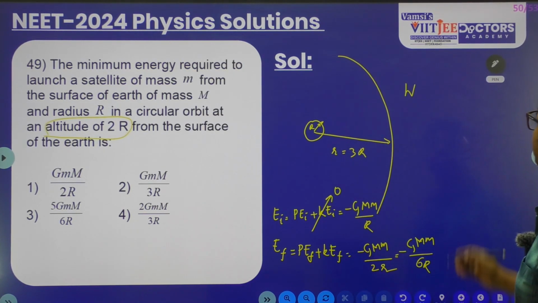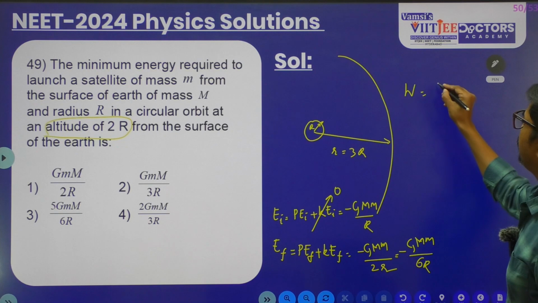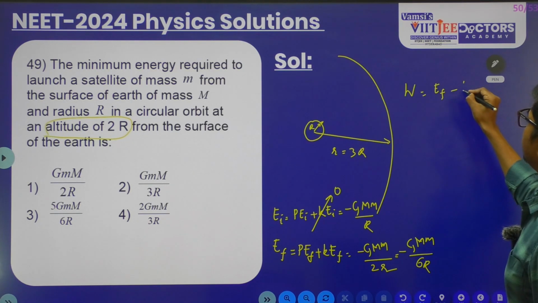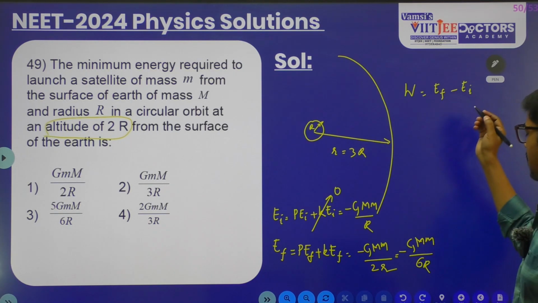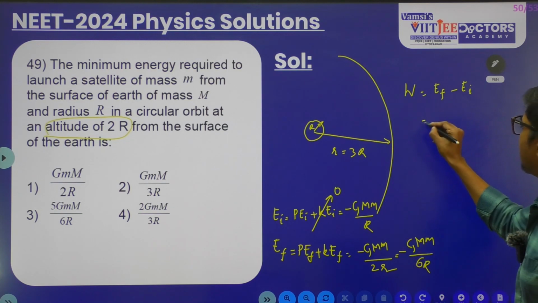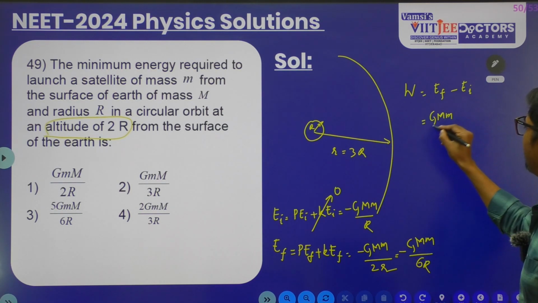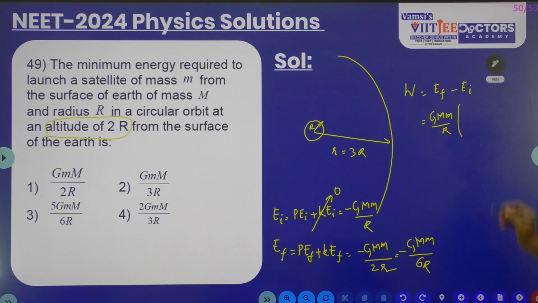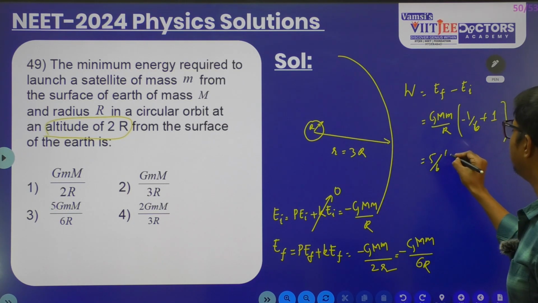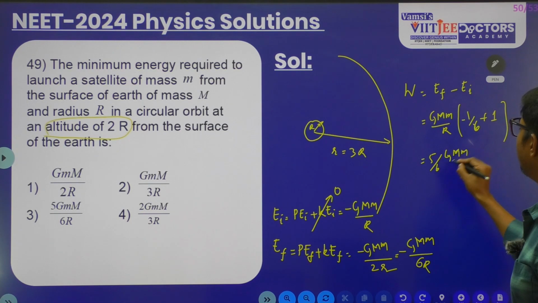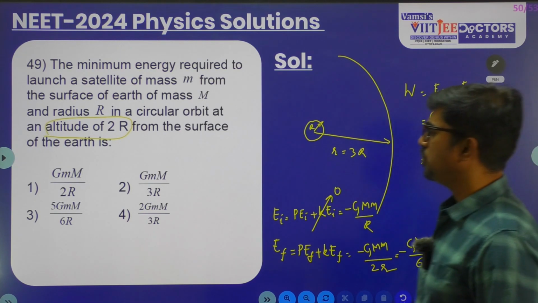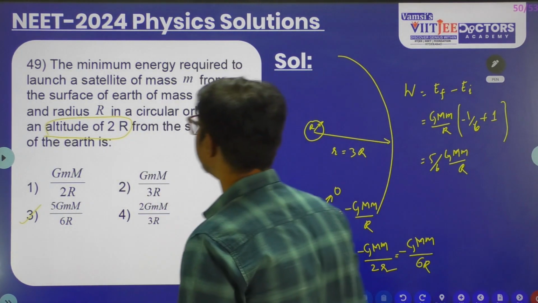How much energy is supposed to be supplied? That is equal to final energy minus initial energy. What is the increase in energy? If you take the difference here, common is G M m by r, you take out common. So minus 1 by 6, minus of minus, plus 1. So 1 minus 1 by 6 will give you 5 by 6 G M m by r. So that is going to be the answer.